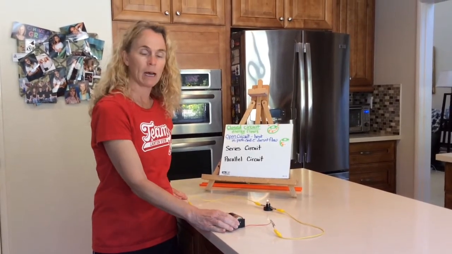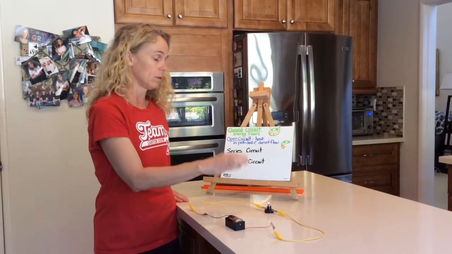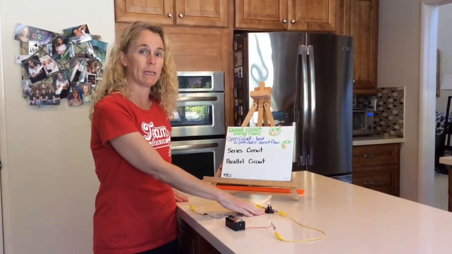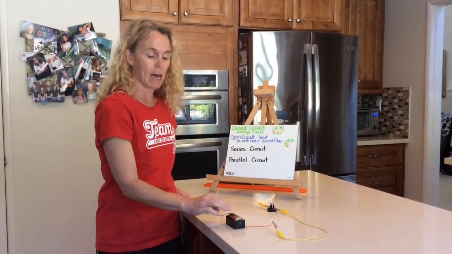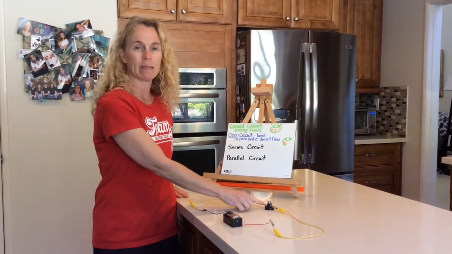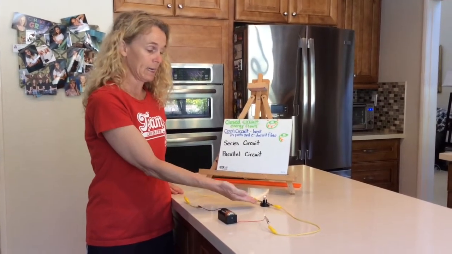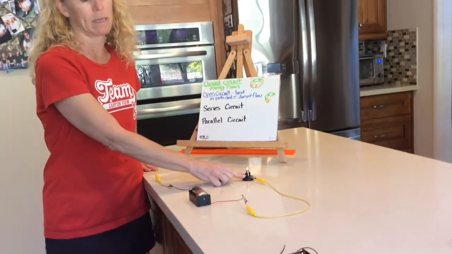The amount of current that you are producing will affect how much work can be done on your load. For example, I have one D battery, and you can see that my bulb gets lit, but it's not very bright.